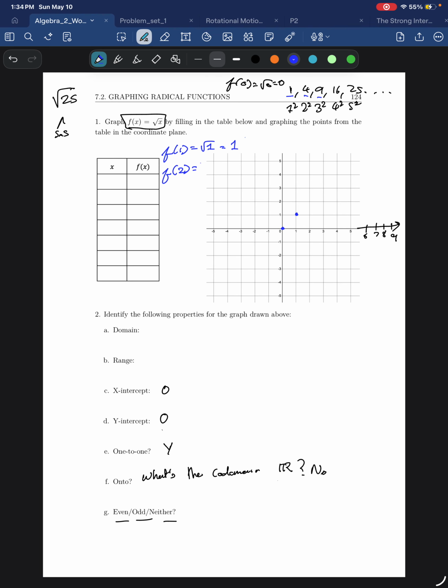But if I plug in the perfect square 4, I get 2 on the y-axis. And if I plug in 9, the square root of 9, I get 3. Remember, my function here is f of x equals square root of x.